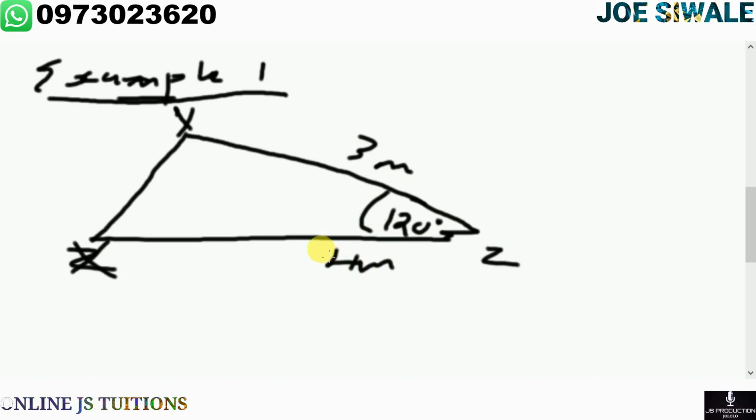So here I have triangle XYZ, where angle YZX is 120 degrees, the length XZ is 4 meters and the length YZ is 3 meters. If I'm told to calculate the area of this non-right angled triangle, I need to consider the angle that has been given here, which is at point Z.